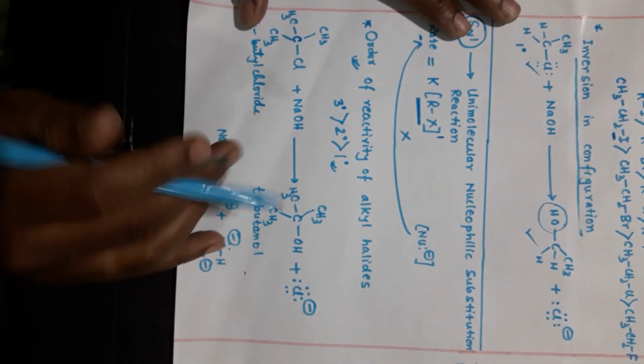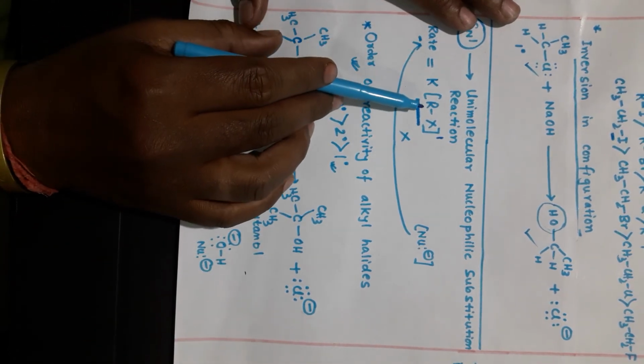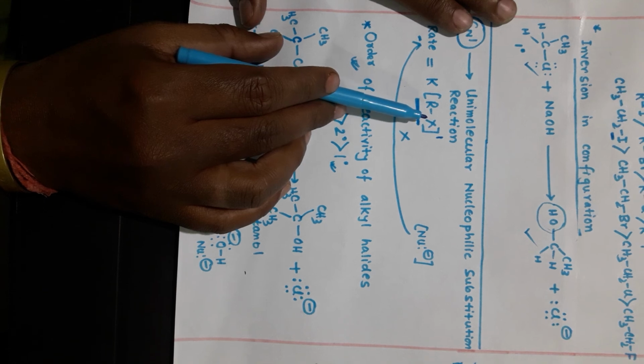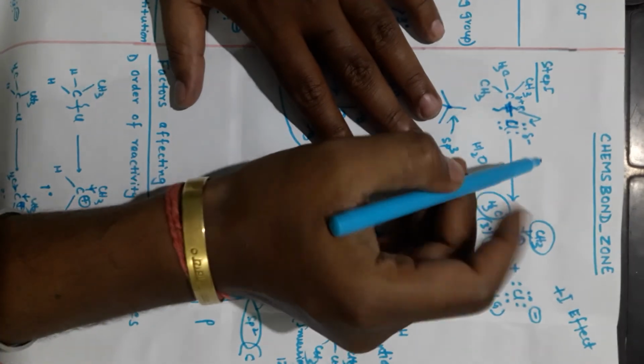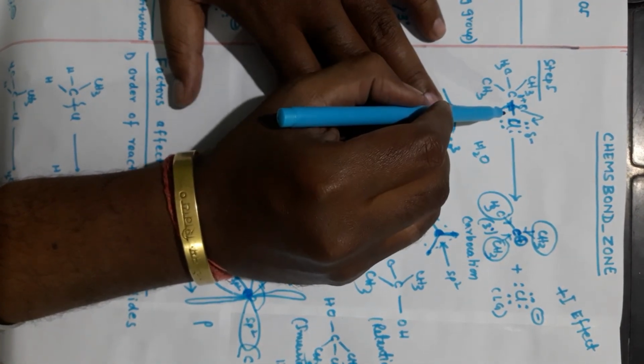Then we have learned that the reaction has two steps and the rate depends only on the alkyl halide. One more thing is that in the first step the nucleophile is not involved, isn't it? Only the alkyl halide is involved.